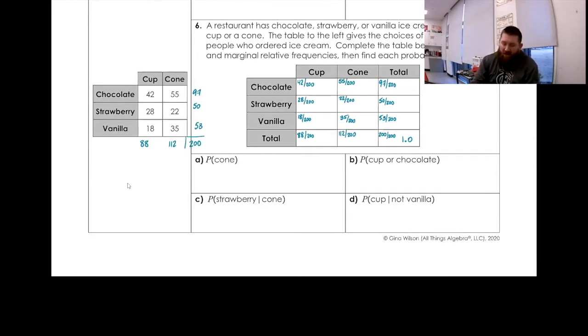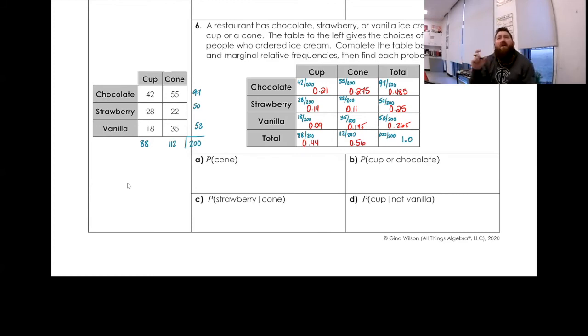Now let's go ahead and fill in our frequencies. Do it in red so we can kind of see. So 0.21, 0.275, 0.485, 0.14, 0.11, 0.25, 0.09, 0.175, 0.265, 0.44, 0.56, and of course 1.0.